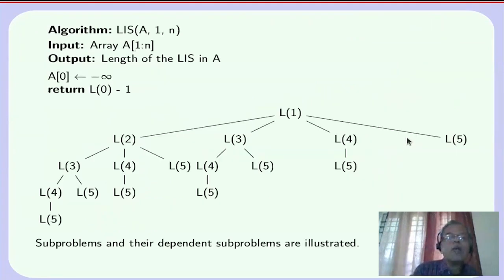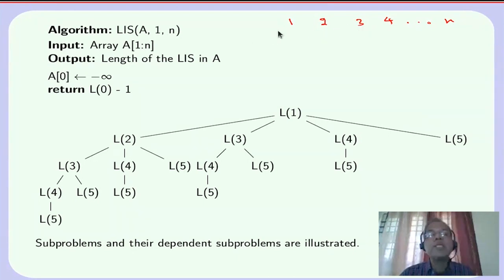But there is a shortcut. What we can do is, we have 1, 2, 3, 4, and so on, n. Put the element minus infinity. If there were no such element, we would have to find out whether the LIS starts with the first item, or with the second item, or with the third item. We do not know.